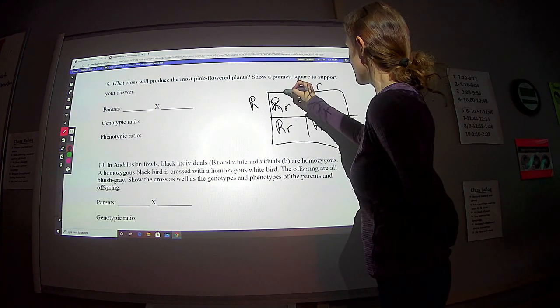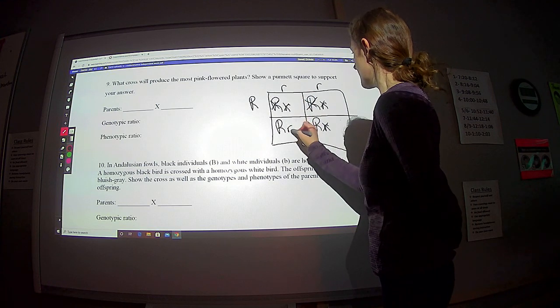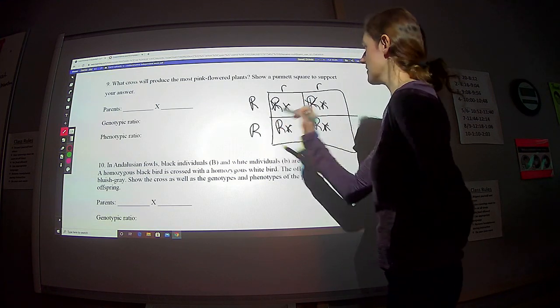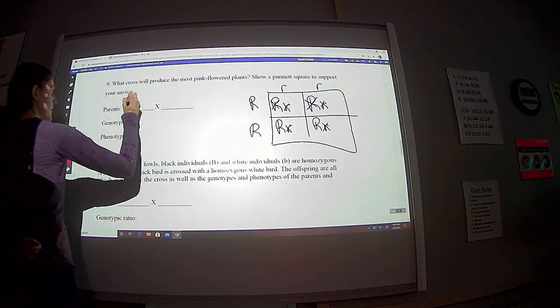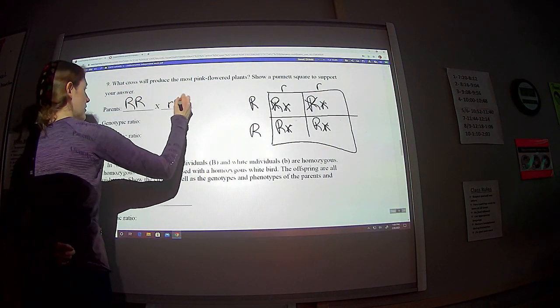Which means that I would be pulling up a lowercase r here, and I'd be pulling an uppercase R over there. So my parents would have to be a red plant and a white plant.